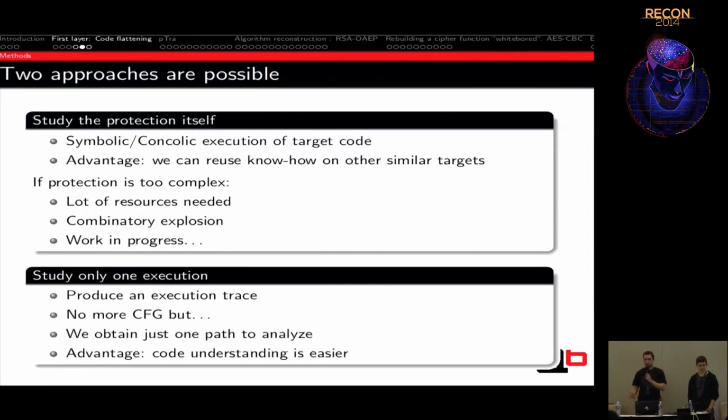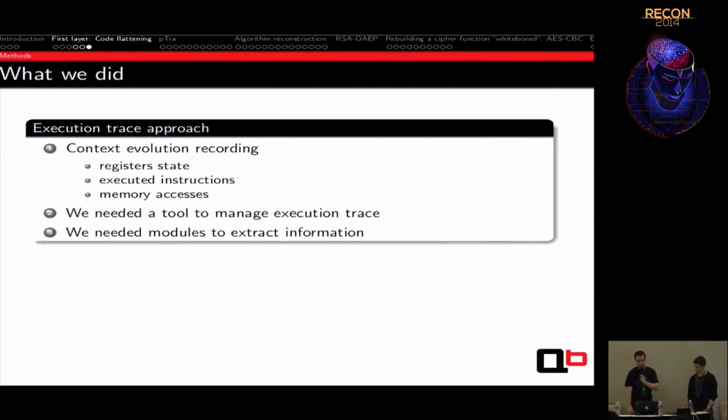The main advantage here is that the code is easier to understand because we know that the output we try to understand is produced by the code we recorded, so we just have to do some analysis passes on the code we instrumented. So what we did, we chose, of course, the execution trace approach.